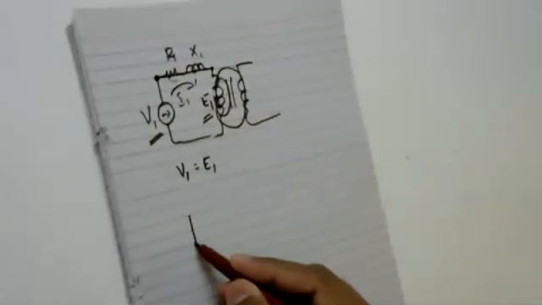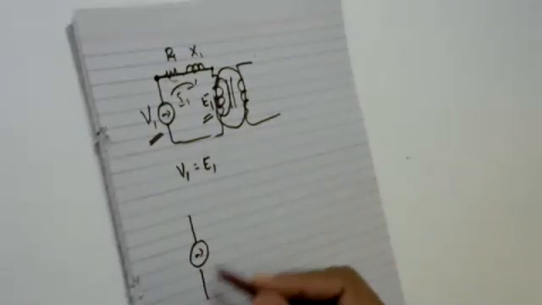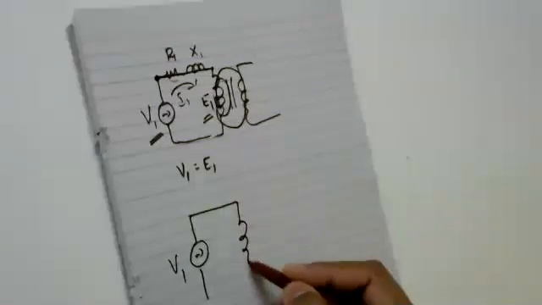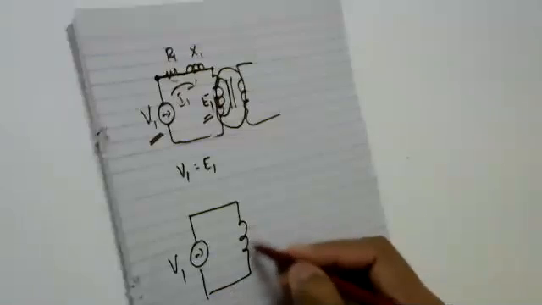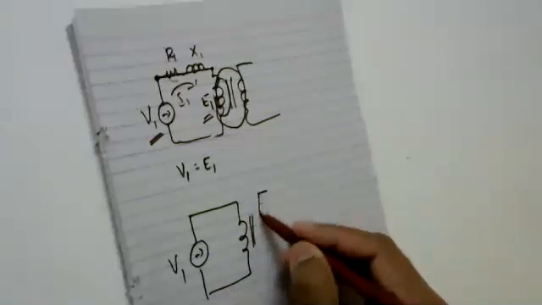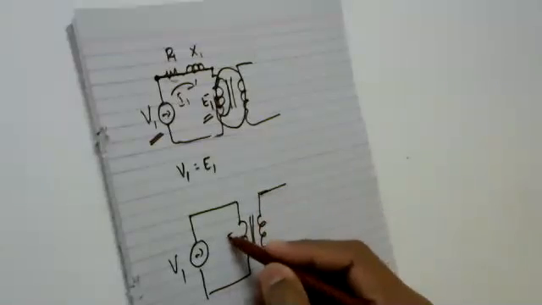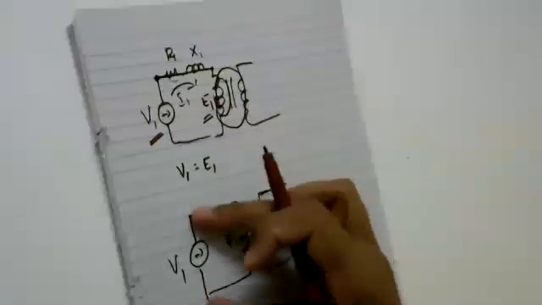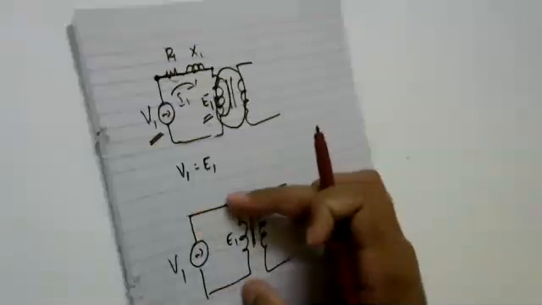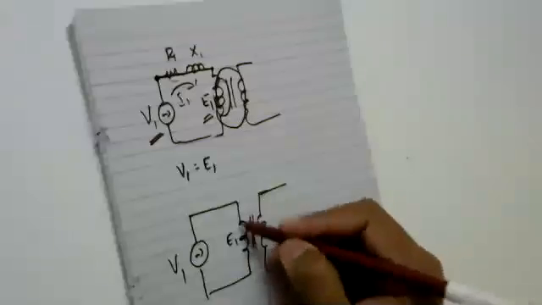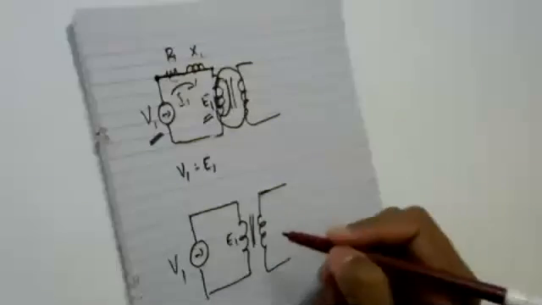I simply mean to say we are considering a circuit where this is the primary voltage V1. This is the primary winding, mutual coupling, and this is the secondary side. V1 is the applied voltage, and the EMF induced on this primary side is my E1.